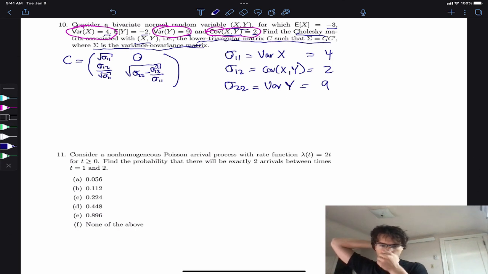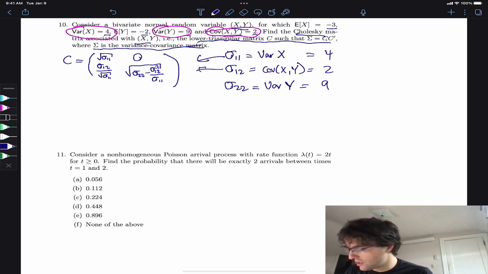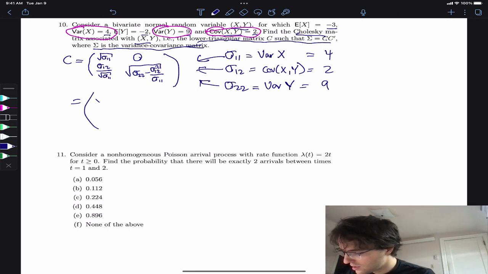At this point, it's just a matter of plugging these numbers into the matrix. Sigma 1,1 is the variance of X, so that's square root of 4. This is still 0. Sigma 1,2 is 2, divided by square root of sigma 1,1, which is square root of 4.